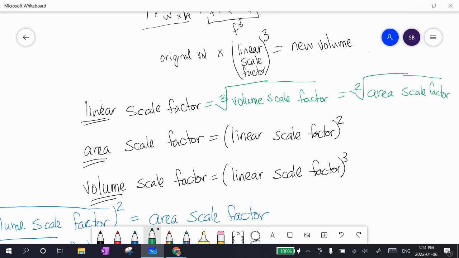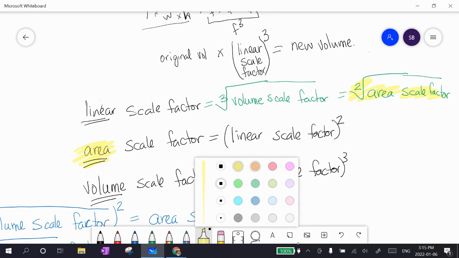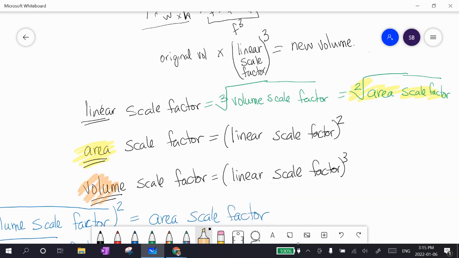That's how you go backwards. If given the area, you can square root it and you can find the linear. If given the volume, you can cube root it and you can find the linear. They go back and forth. Linear cubed is volume, and the cube root of volume is linear. They're the opposites of each other.